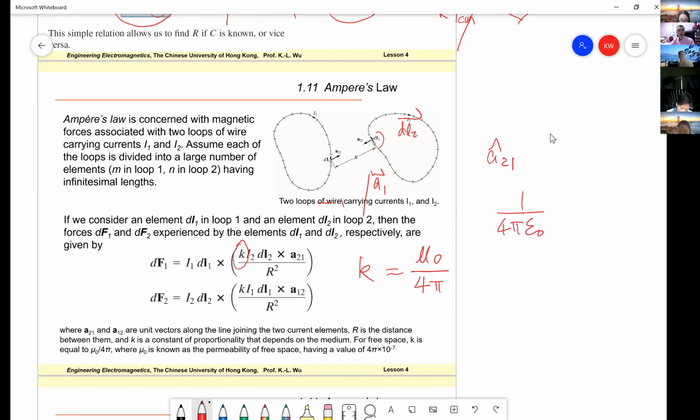Epsilon is permittivity, and we call mu0 permeability. In the kilogram-meter system, this permeability is a constant, 4 pi times 10 to the power of minus 7.